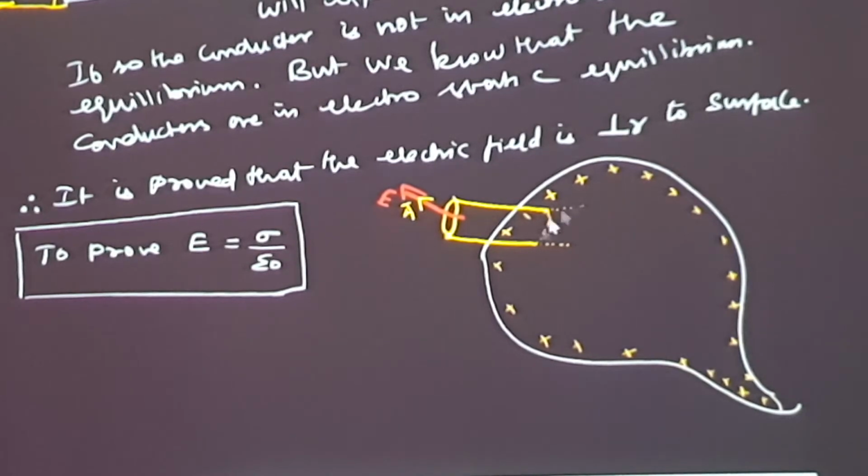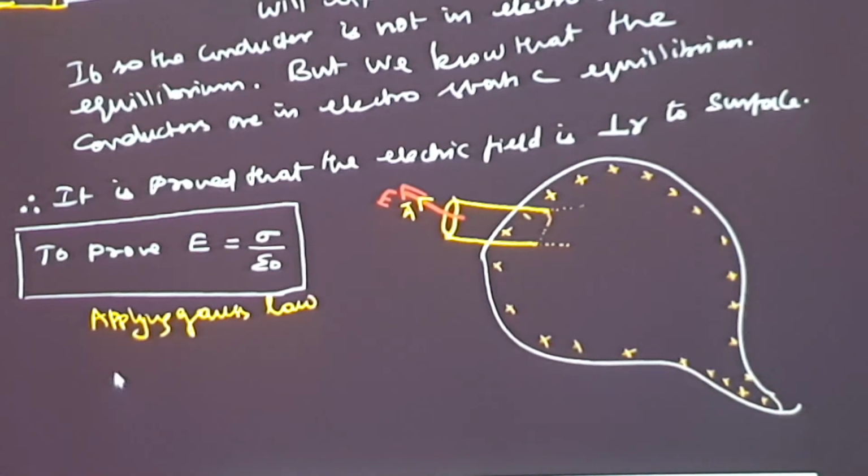Now, what am I going to do? In order to prove that the electrical field outside the conductor is equal to sigma by epsilon 0, apply Gauss law. How can you apply Gauss law?